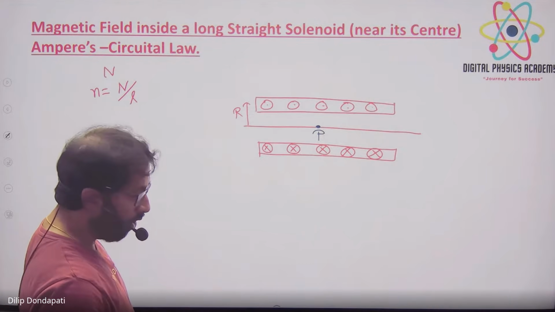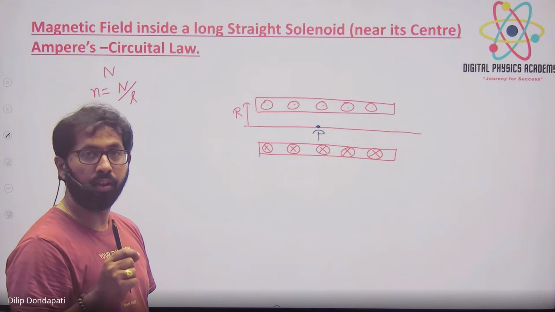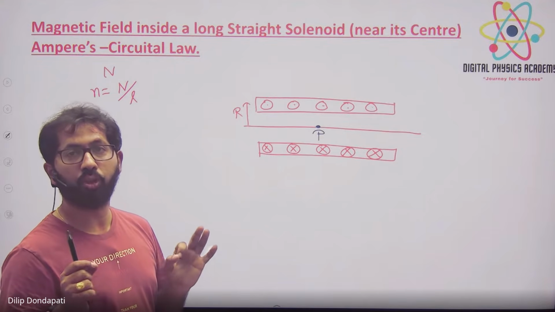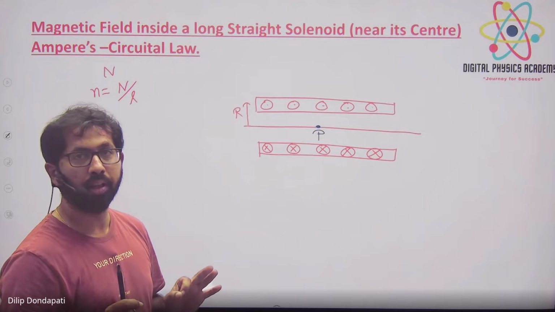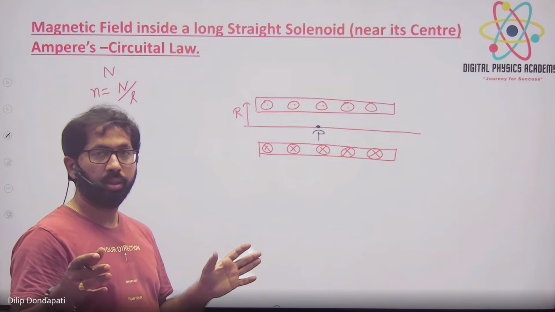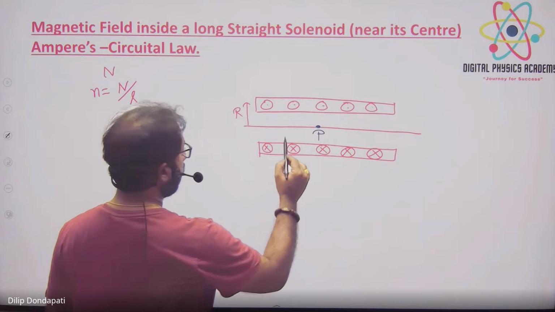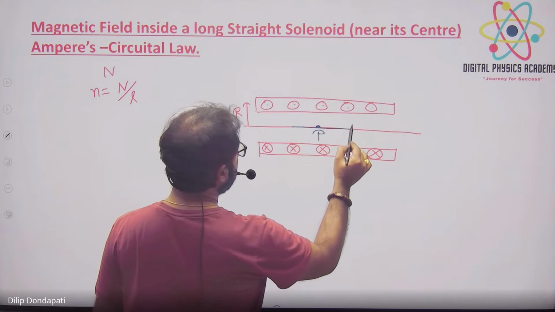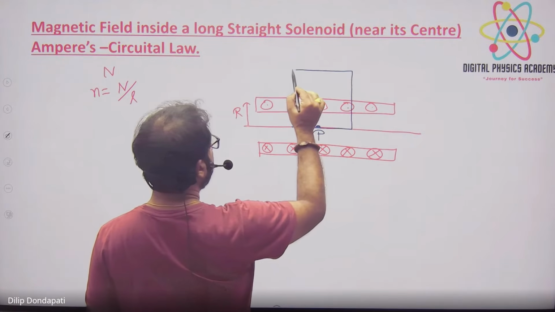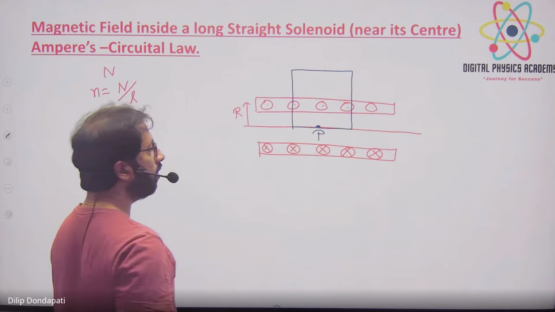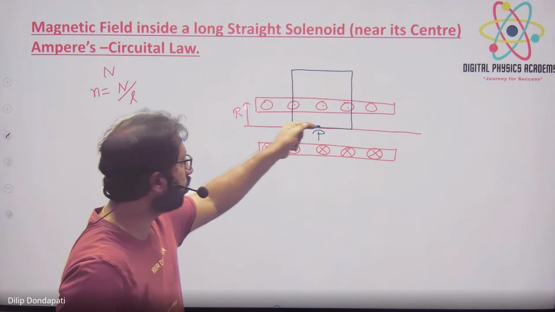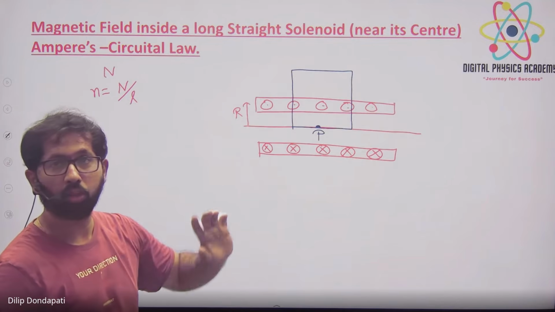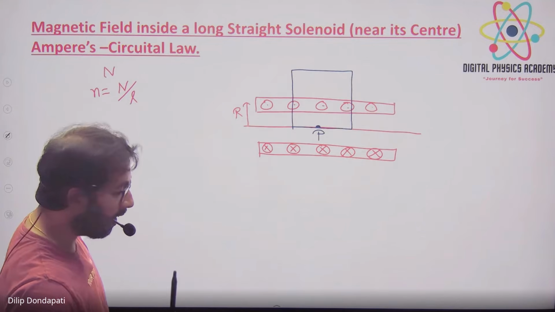Ampere circuital law. Wherever you want to find the magnetic field, make an Ampere's loop. That can be any shape. So we are making the Ampere's loop as a rectangle. This Ampere's loop should pass through the point P, and write the formula.